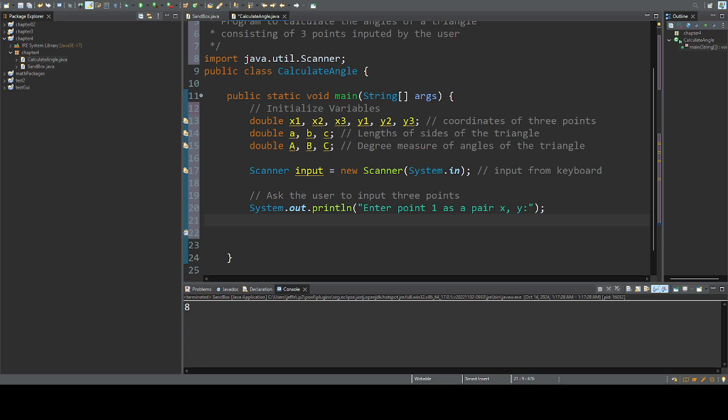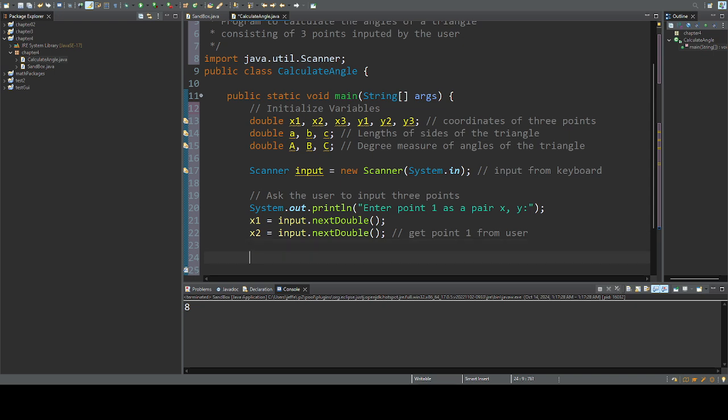And so now we'll say X1 equals input.nextDouble. Get point, and Y1 equals input.nextDouble. And we'll say get point 1 from user.